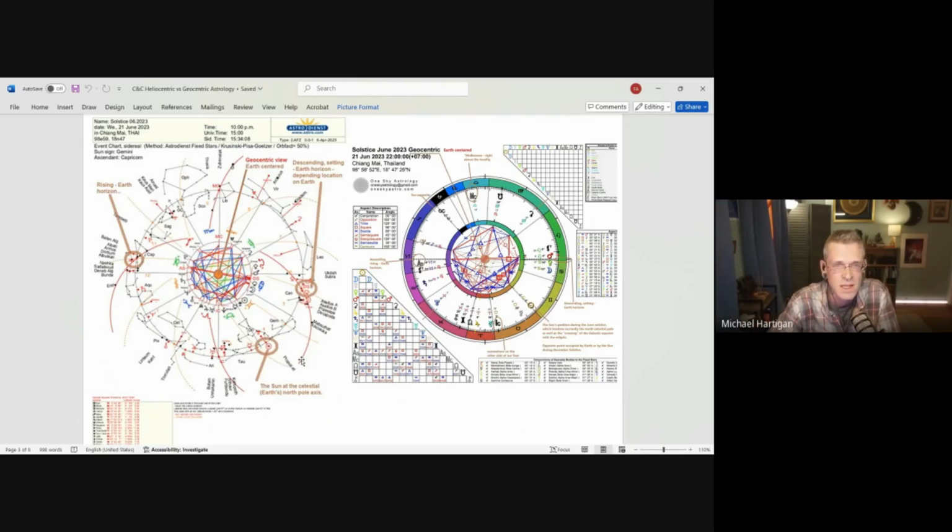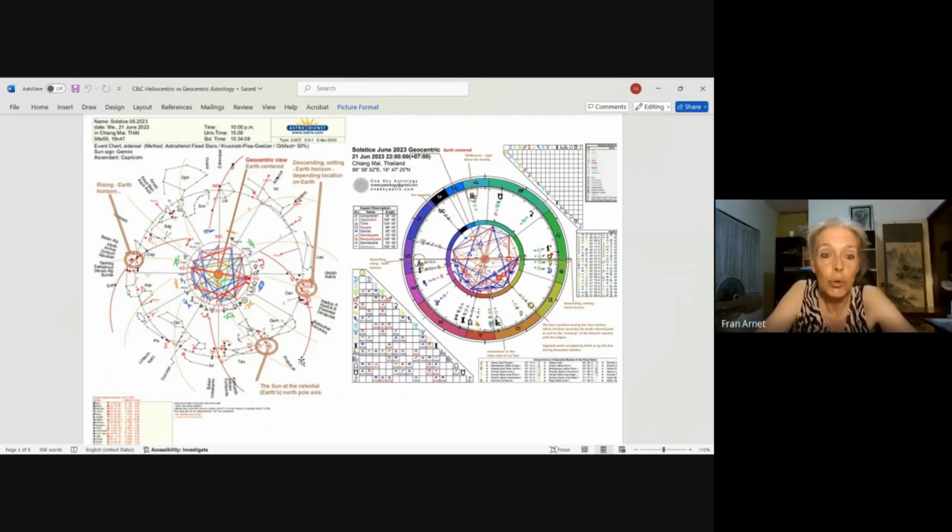Yes. So now we have obviously the sun sign here, right? So as I said, right opposition from the Earth. So that's the normal thing.